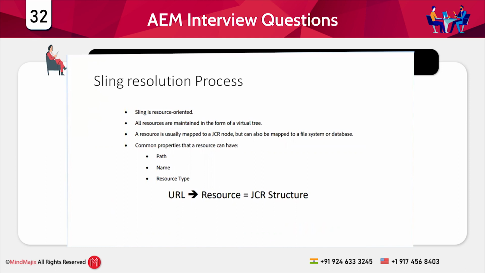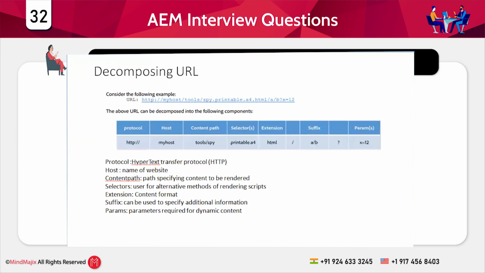Then the content from that file will be rendered. But how does it do that? Using Sling resolution, it decomposes the URL into host, content path, selectors, extension, and parameters.